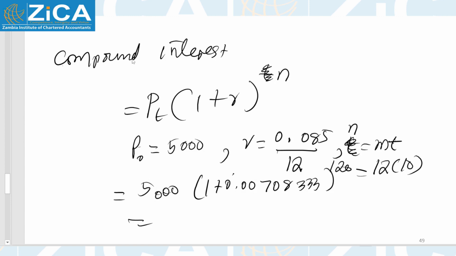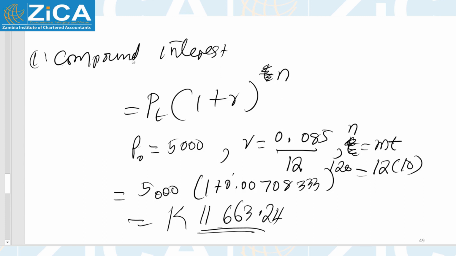And if you simplify this, the answer will become 11,663 kwacha 24 ngwe. This is how much it will grow to in 10 years. That is our yield.